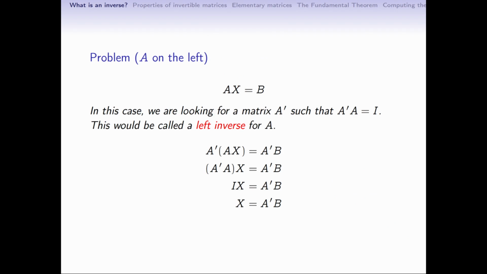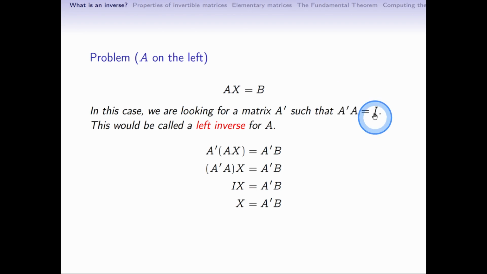So in this case, we're looking for a matrix, let's call it A prime, that has the property that A prime times A is equal to the identity matrix. And we're going to call that a left inverse for the matrix A, because when I multiply A by A prime on the left, I get the identity matrix.